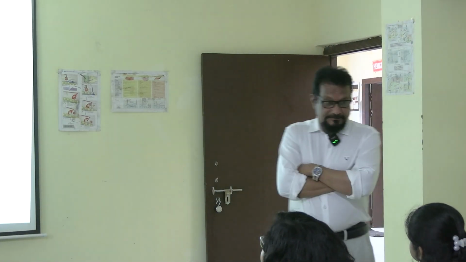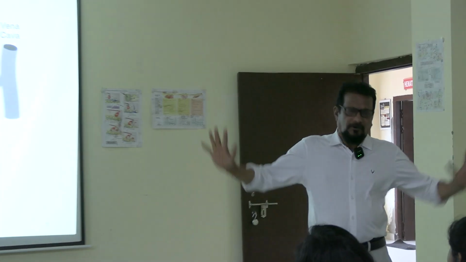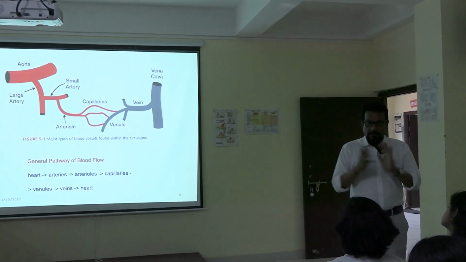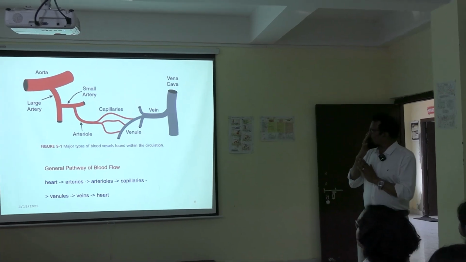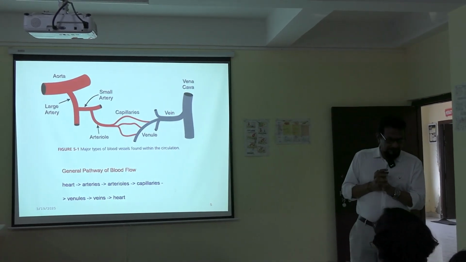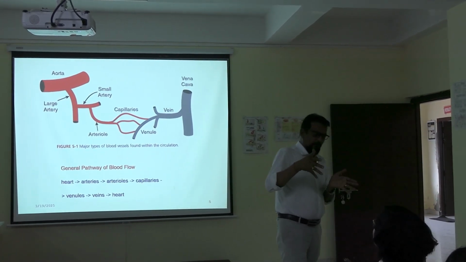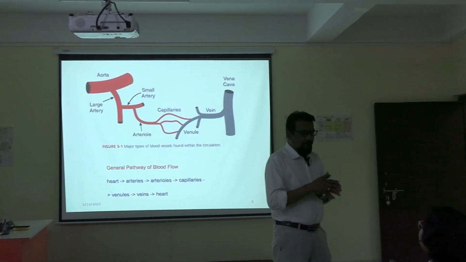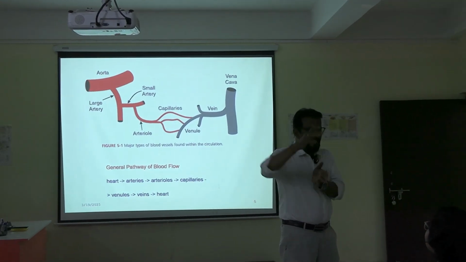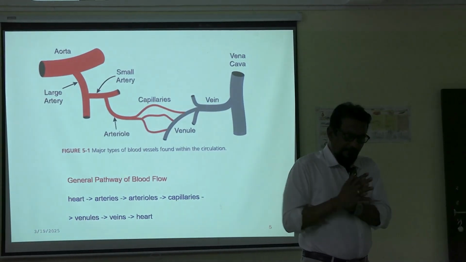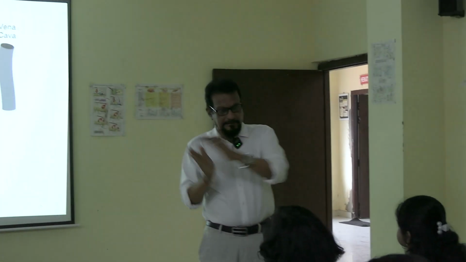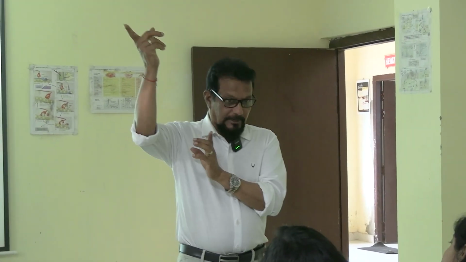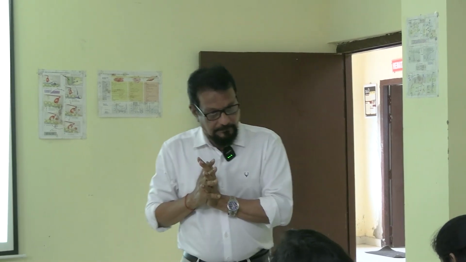These smaller arteries produce a lot of even smaller branches called arterioles. These arterioles again produce capillaries. The capillaries join together to form venules. The various venules join together to form veins. Then many veins combine to form either the superior vena cava or the inferior vena cava.